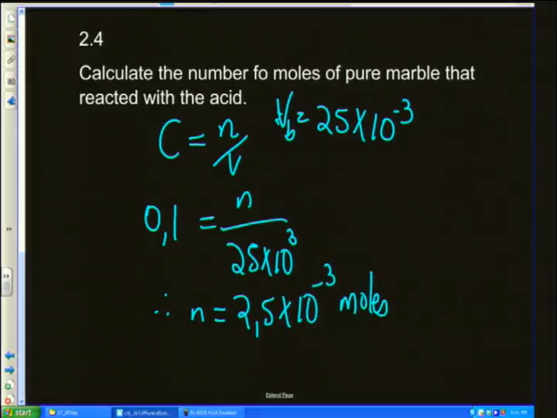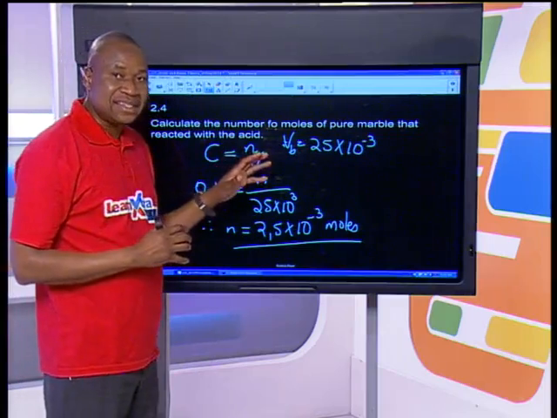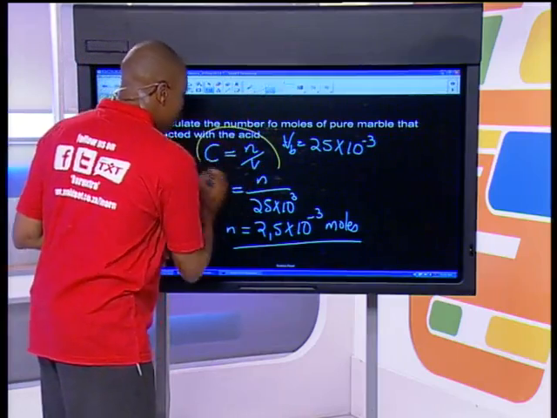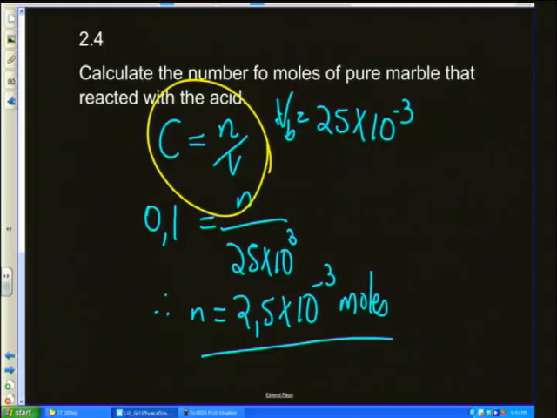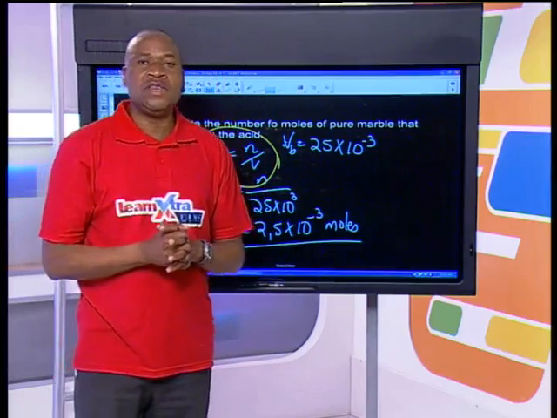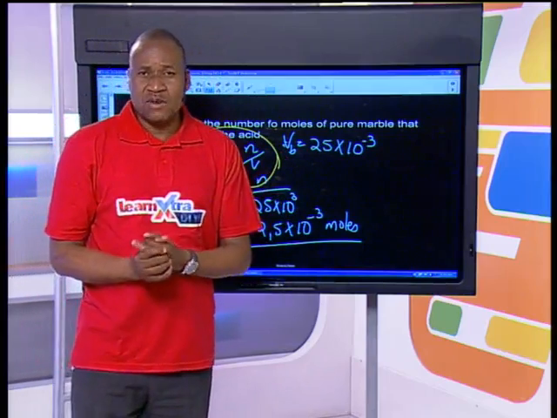That is the number of moles of the caustic soda, sodium hydroxide, that has been used to neutralize the acid. So you can see that you need to go back to your knowledge of how to calculate for concentrations and understand how you can use that very important equation, C equals N over V, to calculate for the number of moles of the base that was used here.